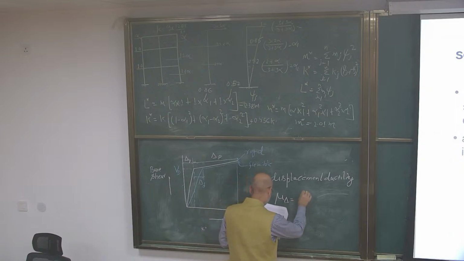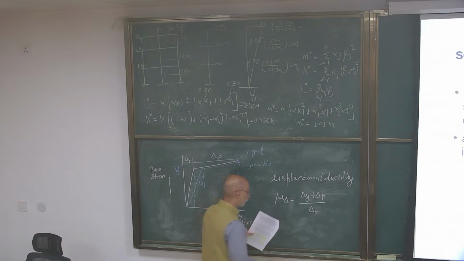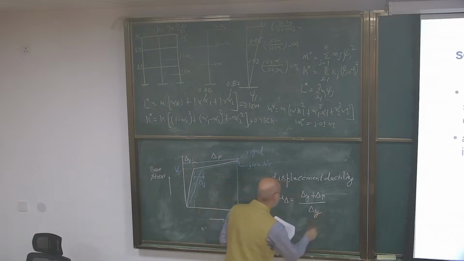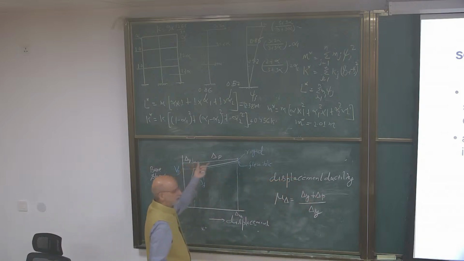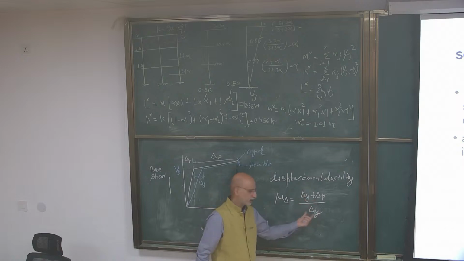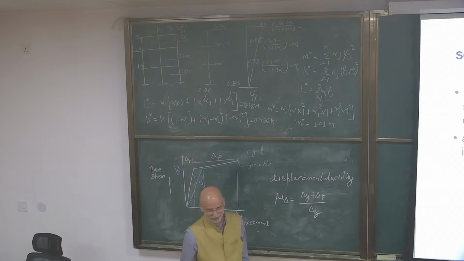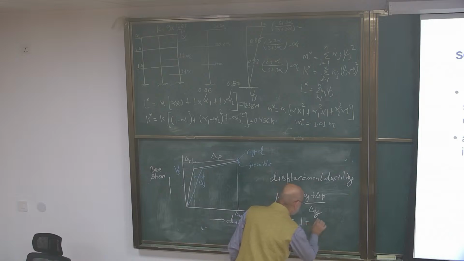It is delta y plus delta p, the yield displacement plus plastic deformation combined, which is the total displacement, divided by the yield displacement. That is the ductility, precisely. So ductility can be expressed as 1 plus delta p upon delta y.